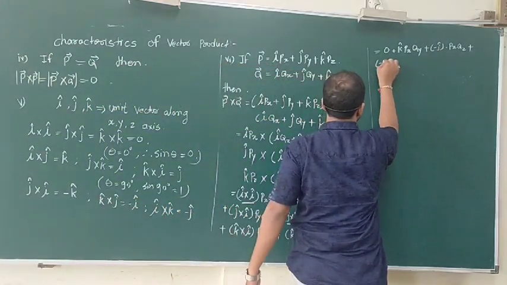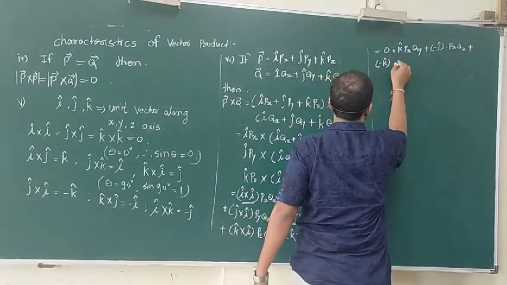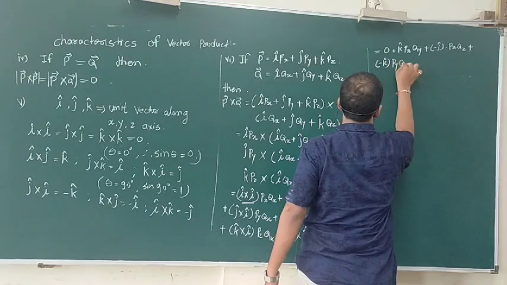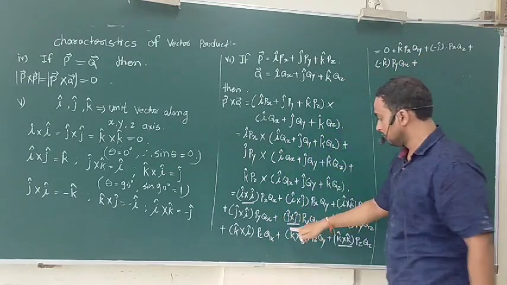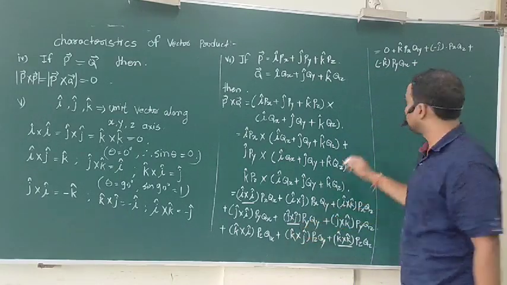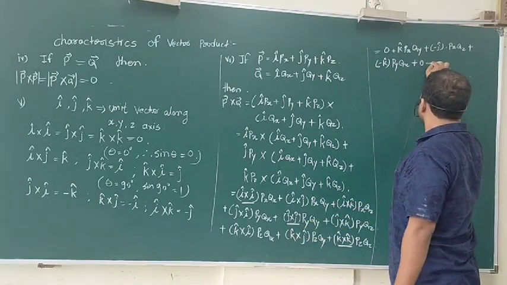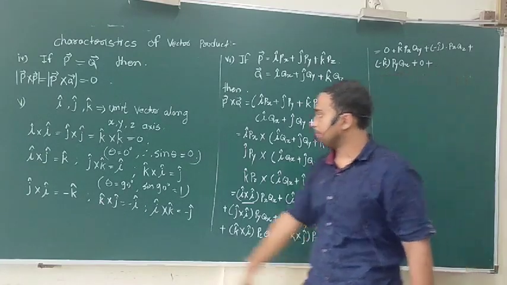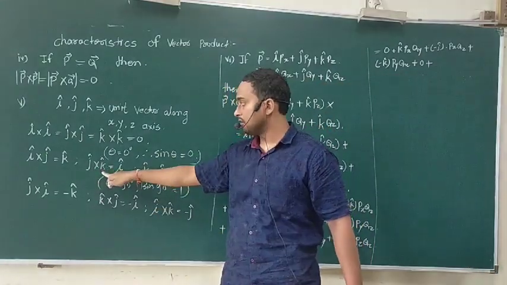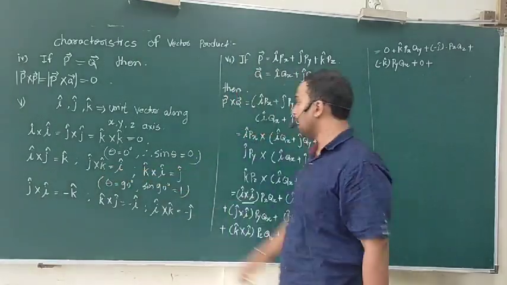That means minus k cap into py qx, plus j cap cross j cap, that means 0, plus j cap cross k cap is equal to i cap.